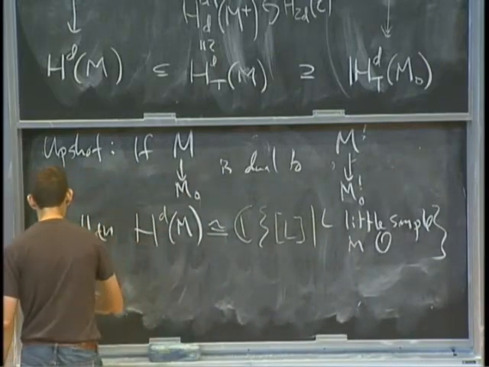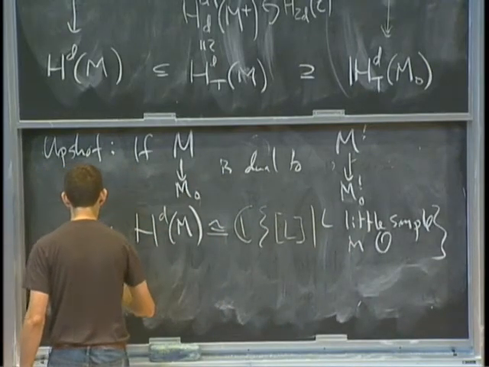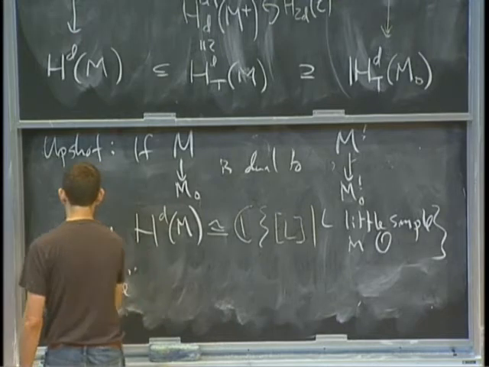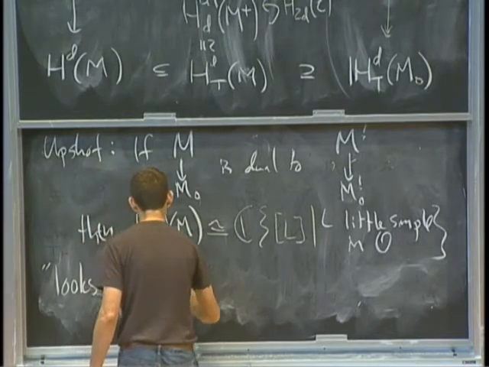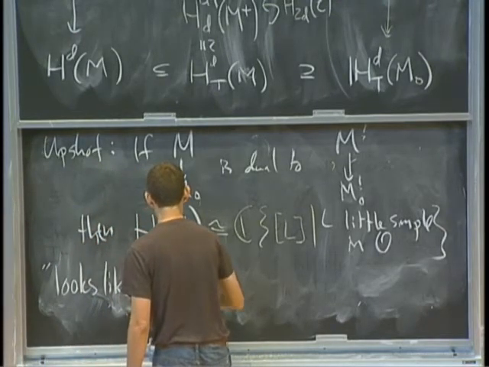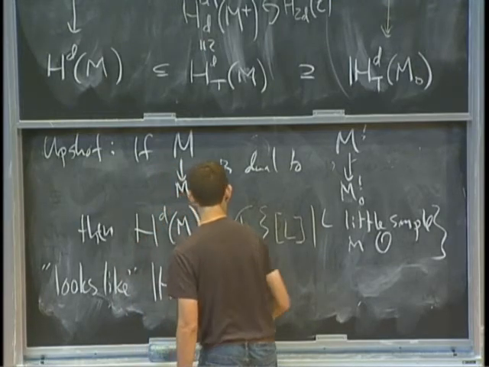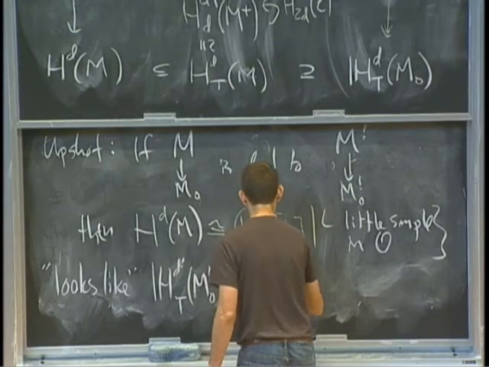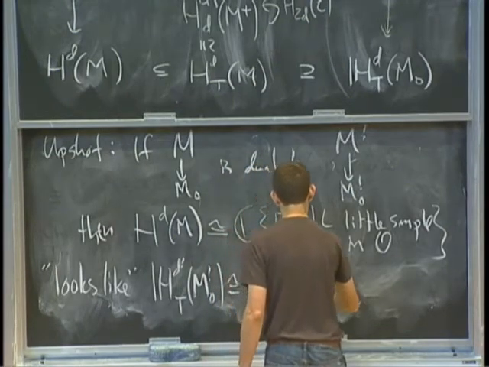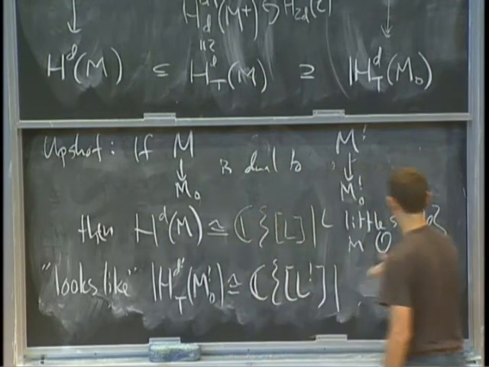And I want to say that this looks like, I'm being intentionally vague for the moment, the top intersection cohomology of M shriek 0, which is the span of the big simples in O prime.